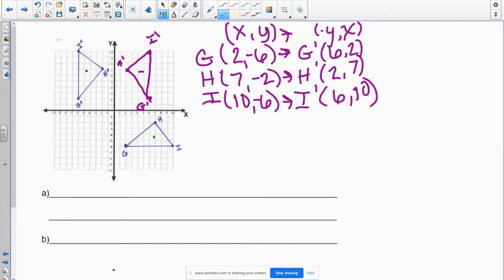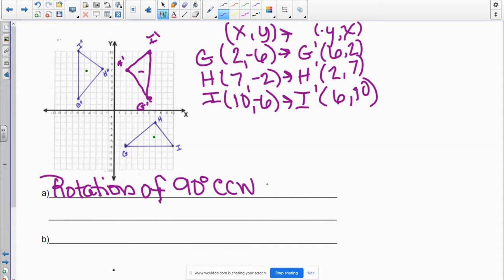Notice that looks pretty good, because the last thing I think we're going to do is just a reflection. So first step under A here is we rotated, and you have to give the details, 90 degrees counterclockwise, or if you're a fan of always going clockwise, that's 270 degrees clockwise.